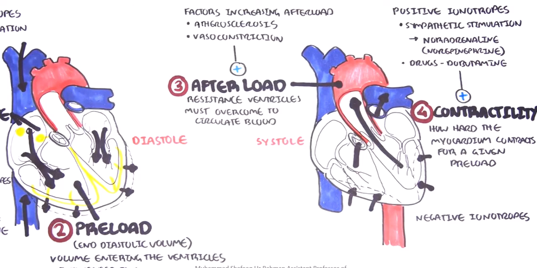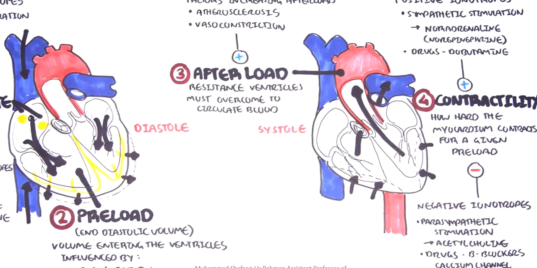Positive inotropes increase the contractility and negative inotropes decrease the contractility. Positive inotropes are influenced by sympathetic stimulation, norepinephrine and noradrenaline release. Drugs, for example dobutamine, also can increase the contractility.